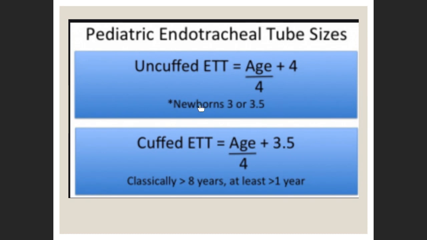If that newborn is a premature newborn, that size goes down to 2.5. And then a cuffed endotracheal tube, right? Because it has to accommodate the cuff, put some air in the cuff, it's age over 4 with a smaller number added. Classically, the child needs to be at least 1 year and less than 8.